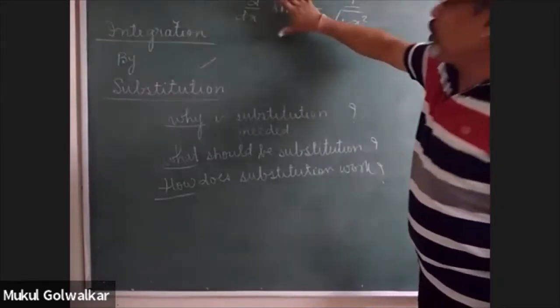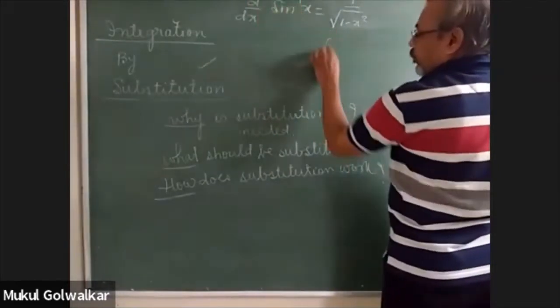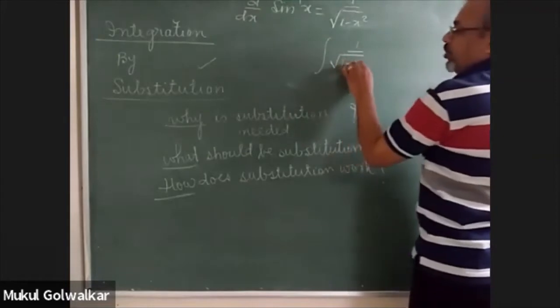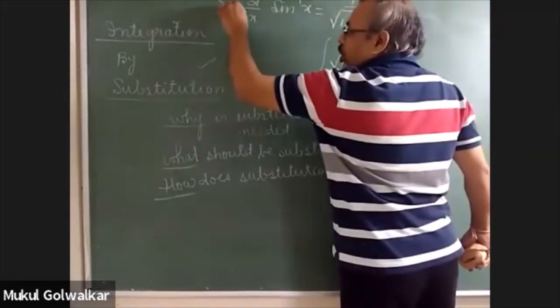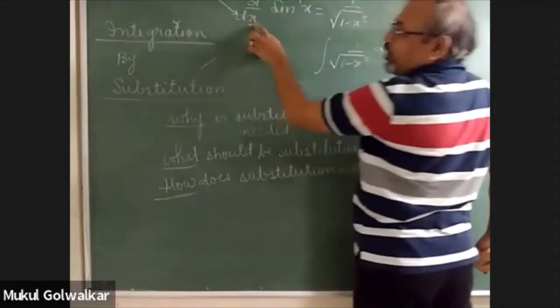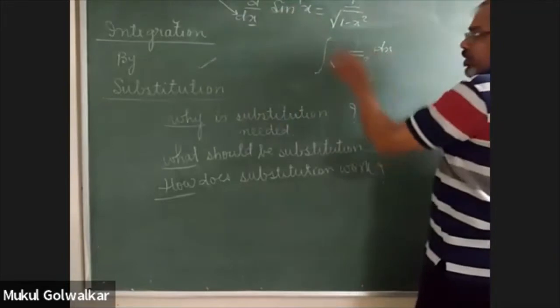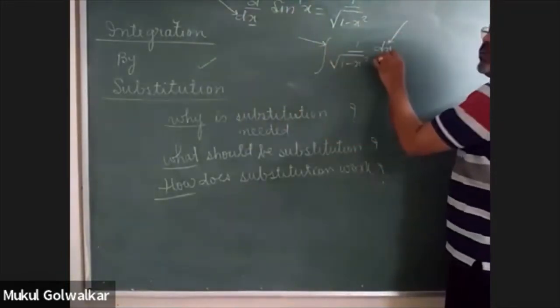Okay. So to remove this effect, we integrate the function 1 upon under root of 1 minus x square. The differentiation was taking place with respect to the variable x, so to remove its effect, the integration should also take place with respect to the same variable x.